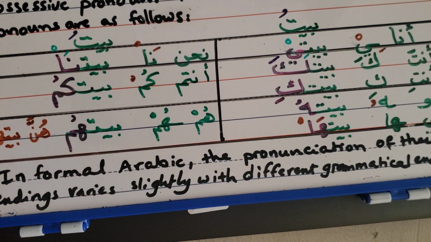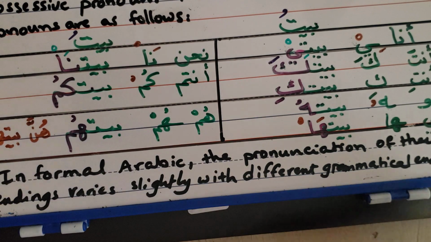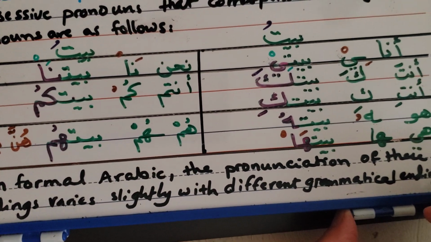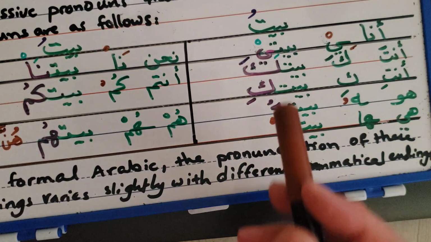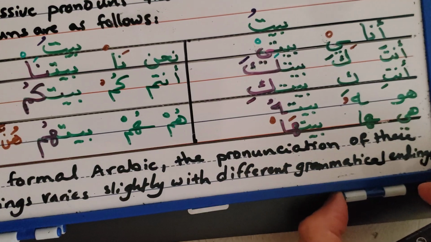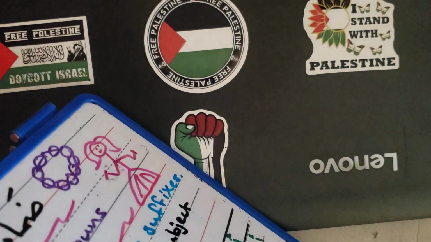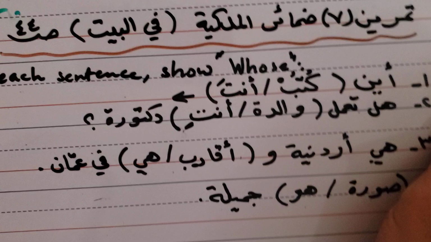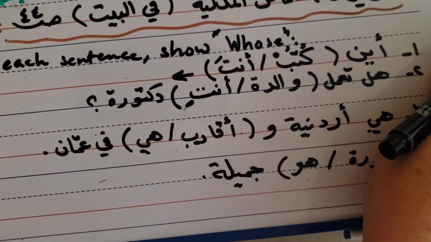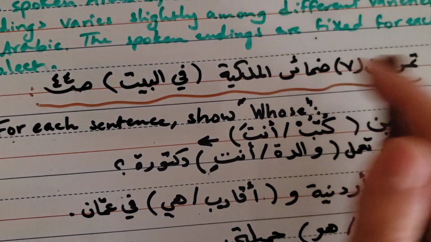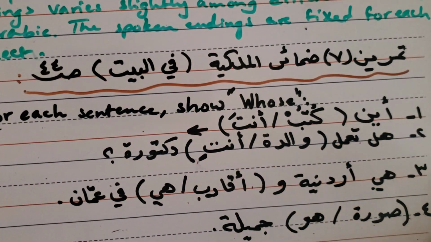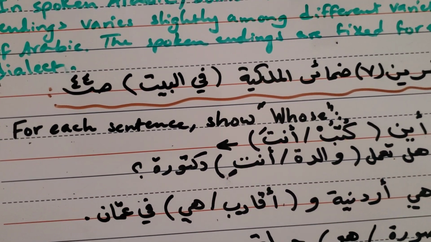So you notice the slight vowel ending variations in pronunciation from one dialect to another, but these variations are fixed for each dialect, so they do not change. For each dialect, these pronunciations are kind of fixed. They do not change. Okay, so if you happen to live in North Africa, the spoken endings are fixed for each dialect.